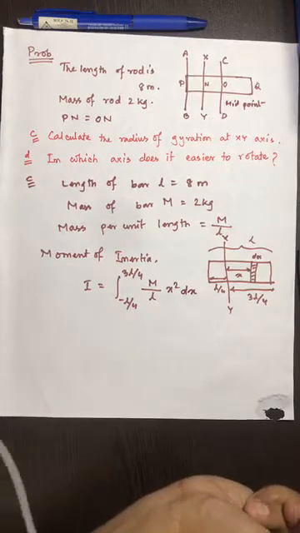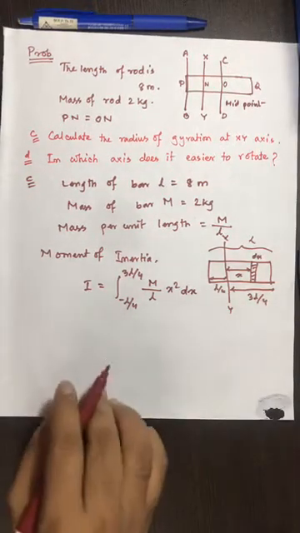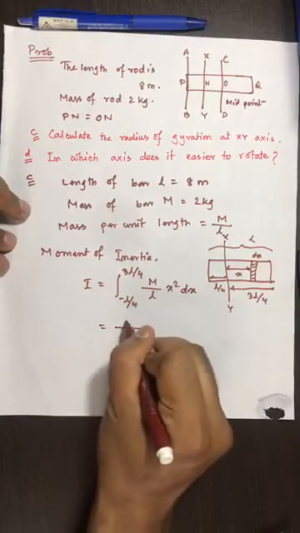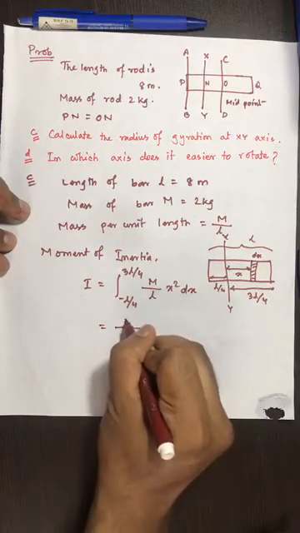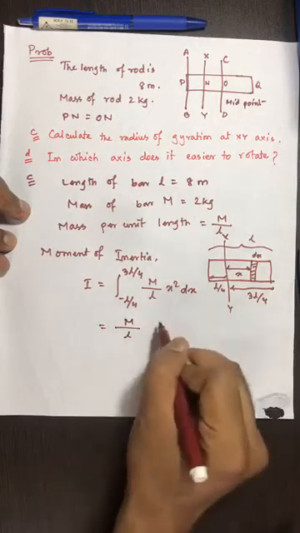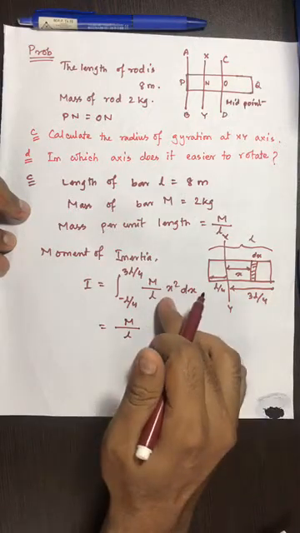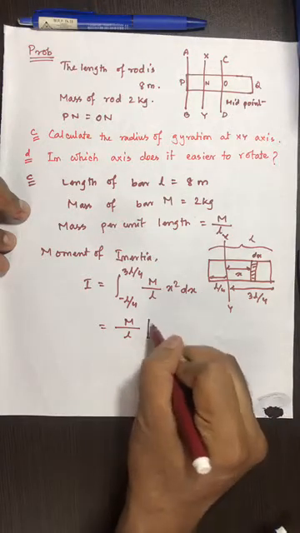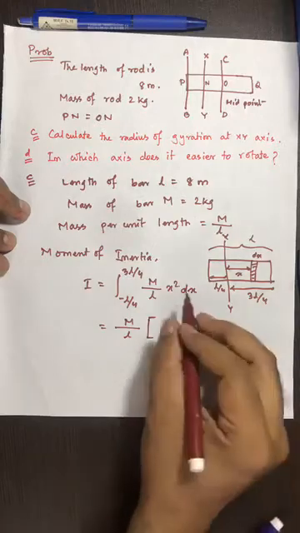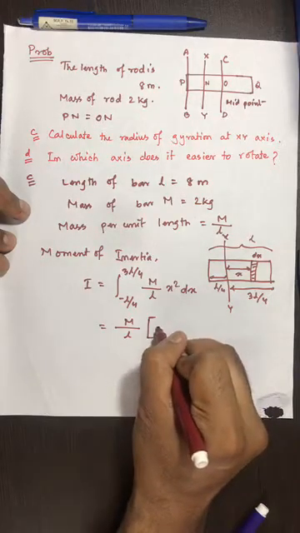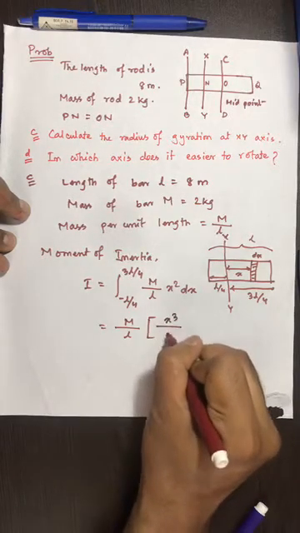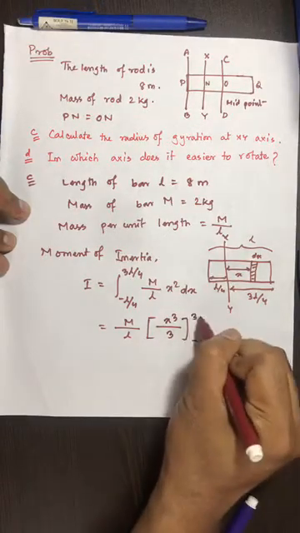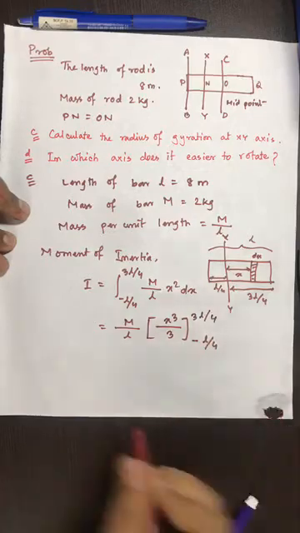Clear? Okay. So M by L we take out, because it is not in the limit function. And if we integrate x square, we know it's x cubed by 3. Everybody knows: integration of x to the power n is x to the power n plus 1 divided by n plus 1. So it is x cubed by 3 from minus L by 4 to thrice L by 4.